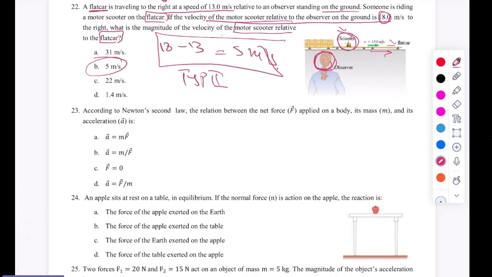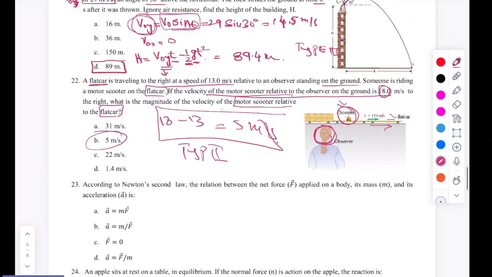Doctor, can you go back up? Okay, so why do we have to subtract it again? Because if we are talking about the observer, then it is the v scooter plus v flat car.